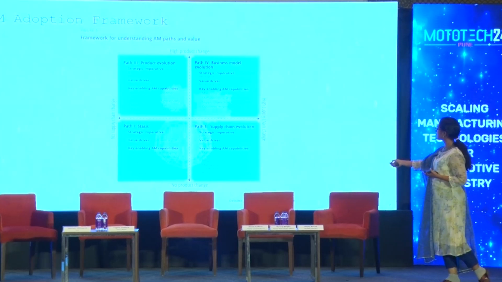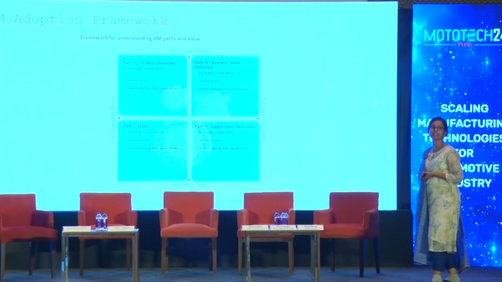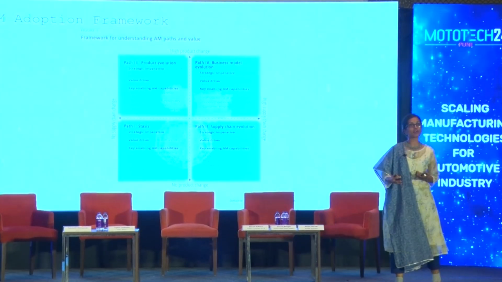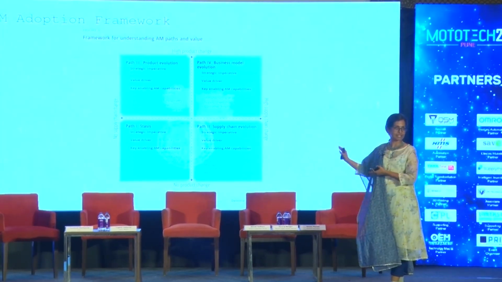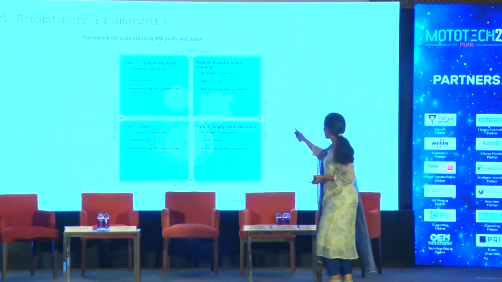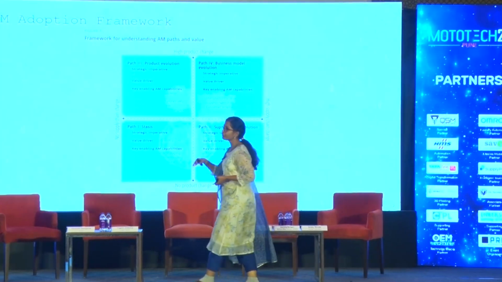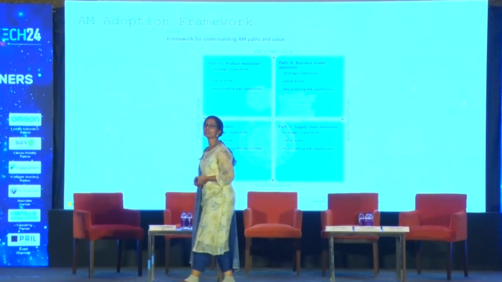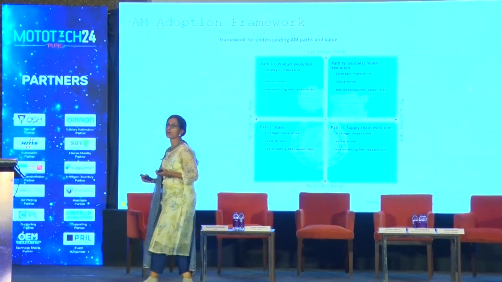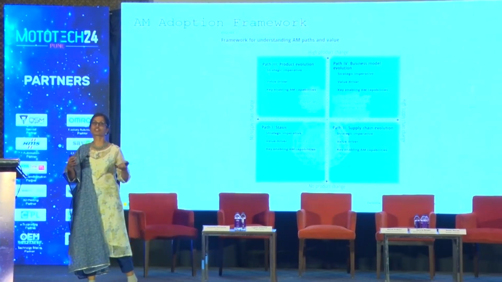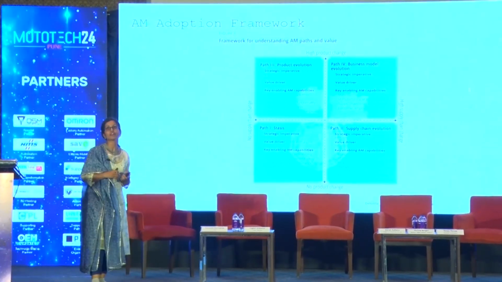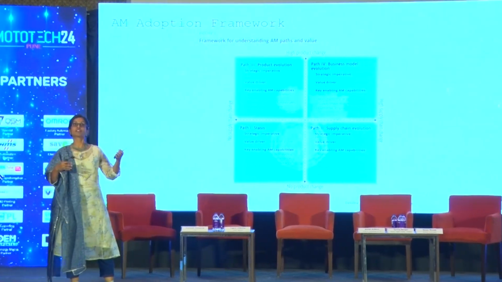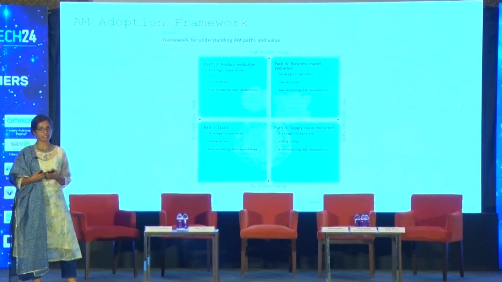This framework has been developed by Deloitte. It is a framework of how anybody can adopt AM, so it's specifically for AM. Along the x-axis, on the left you have cases where you do not need to make any changes to the supply chain, whereas if you go to the right, then you have to make changes to the supply chain.